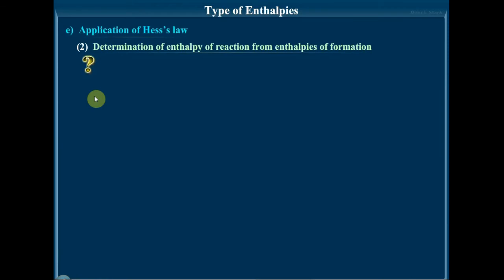So according to the conventions, the standard molar enthalpies of formation of free elements in their reference state is taken as 0. The enthalpies of formation of free elements is considered to be 0. So you have to keep this in mind while doing the problems based on standard enthalpy of formation.